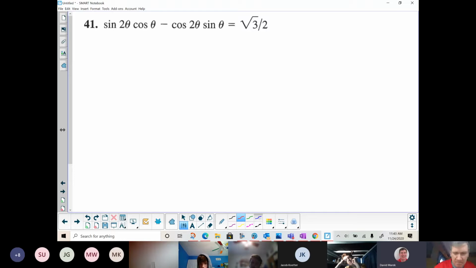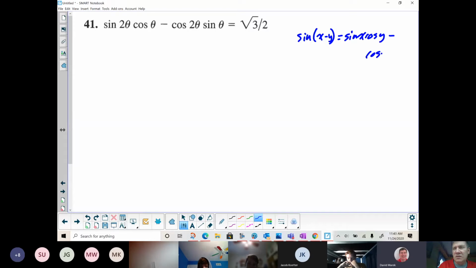Okay, so again, the way that I wrote it down, sine of x minus y is equal to sine of x cosine of y minus cosine of x sine of y.